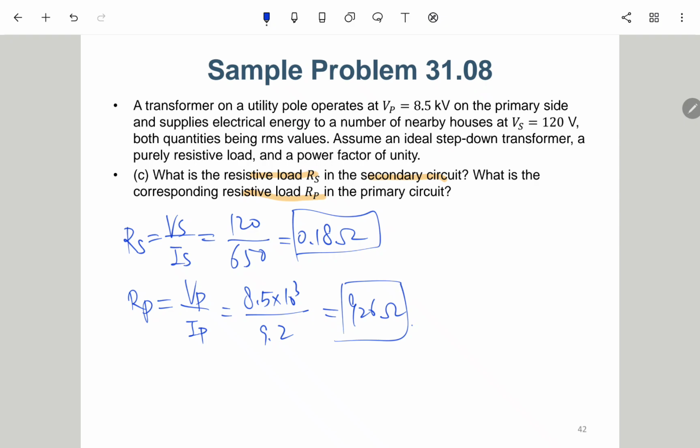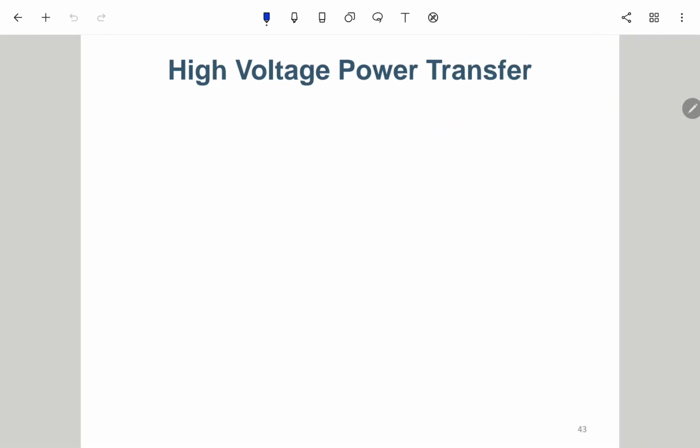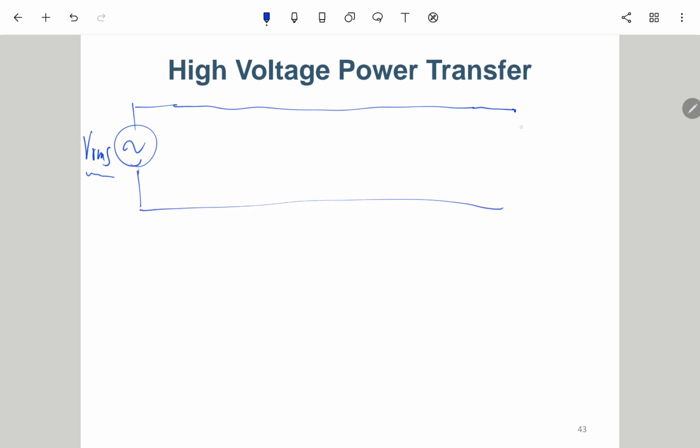So here we can also explain why we need the high voltage for transferring the power. The idea is like if we have a source, and then according to the question, it is like this. This may be from the power factory, and then all the way up to near your house, we have the step down transformer like this.